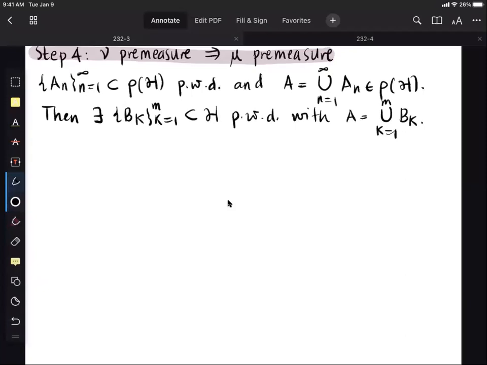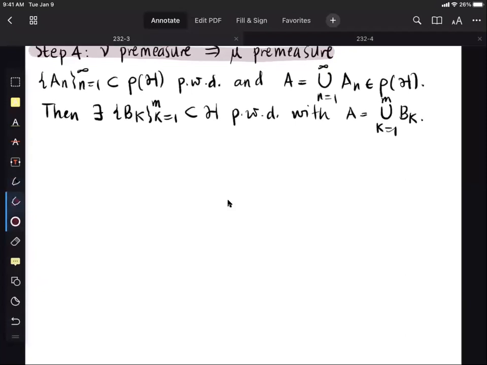Okay. In the same way, since the A sub n's are in rho of H, we could also say that for each index n, I can find a sequence, let's call them C sub n l, l from 1 up to M sub n. So here the sets and the number of sets depend on the index n.